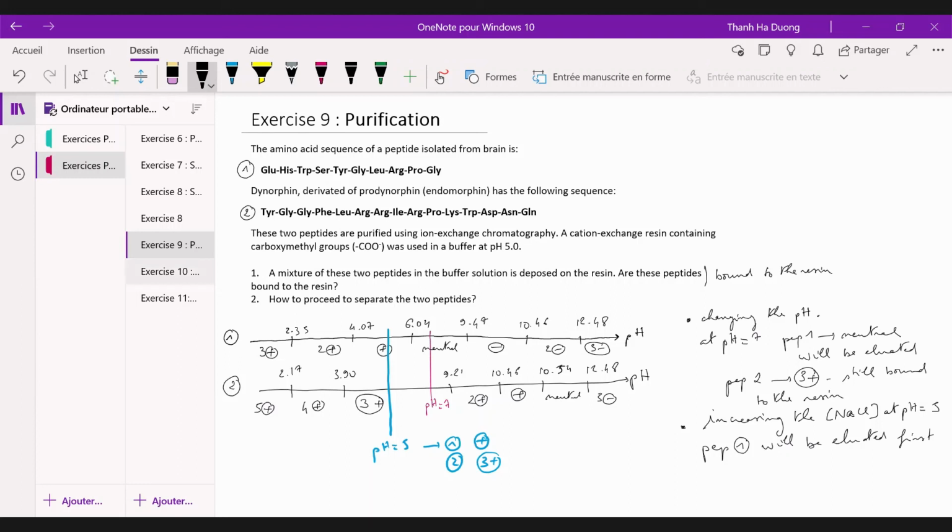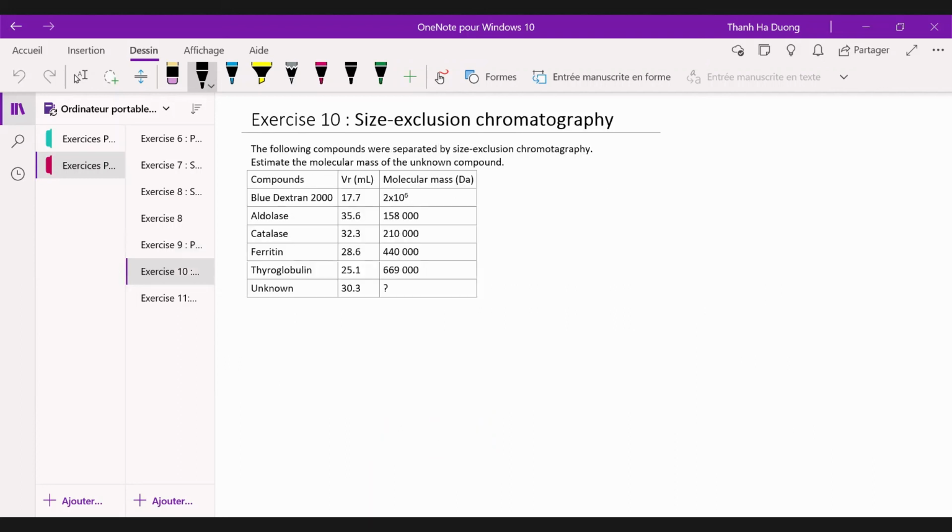And for the last exercise, I will give you some clues, and you will do that as homework. In exercise 10 we have a size exclusion chromatography of some proteins. We know the molecular mass of the proteins and the elution volume of your proteins.